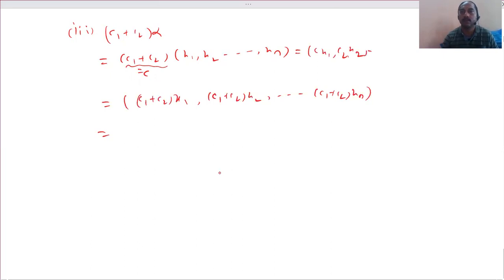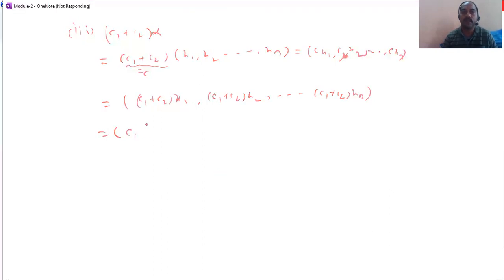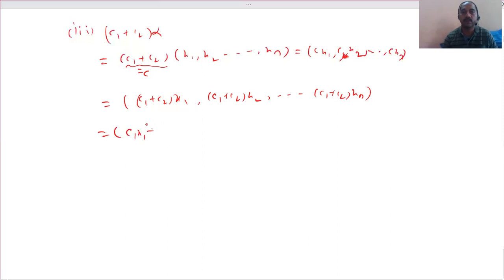Now replace the C value: C1 plus C2 of x1 is nothing but C1 x1 plus C2 x1.